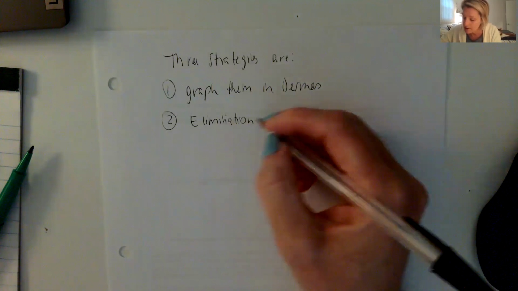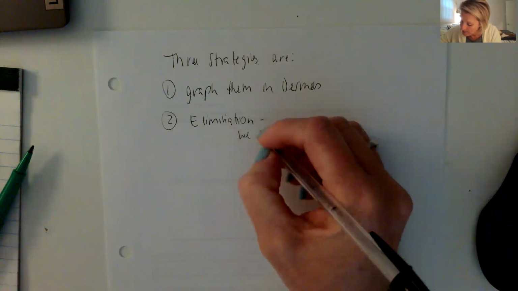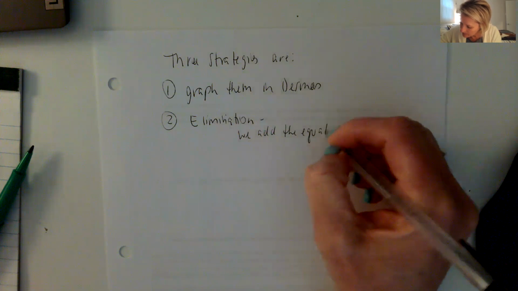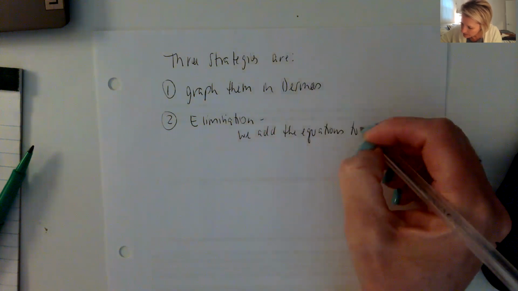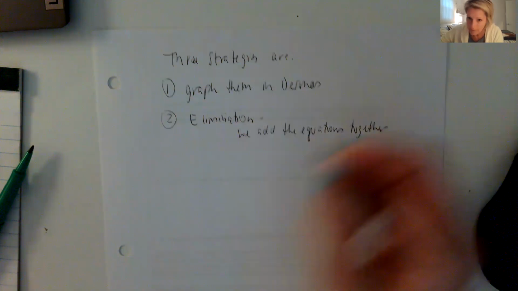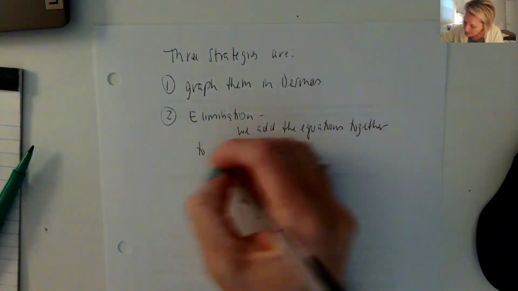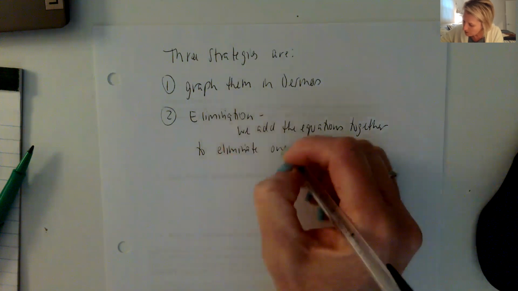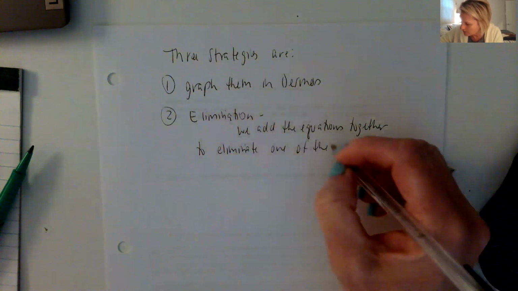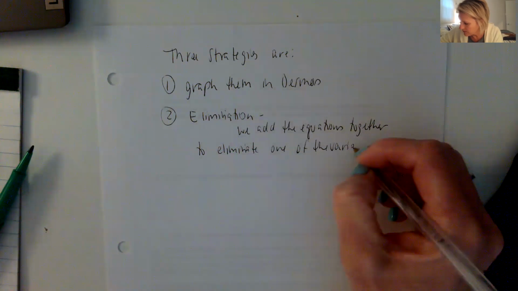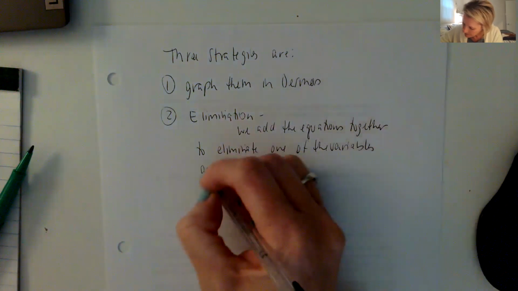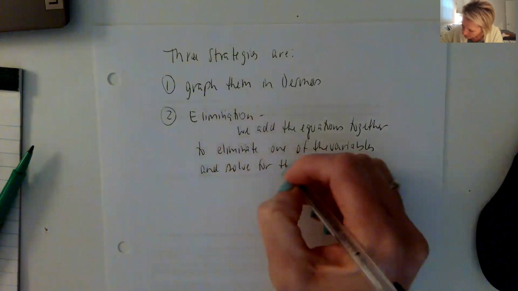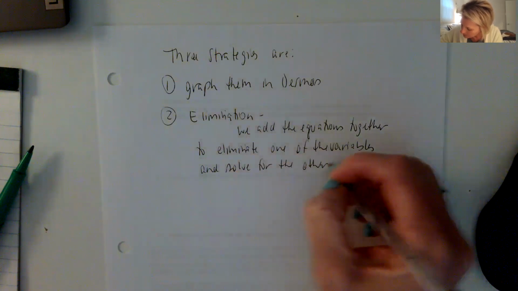That strategy is we add the equations together to eliminate one of the variables and solve for the other.